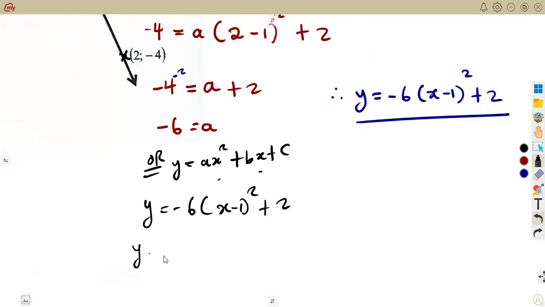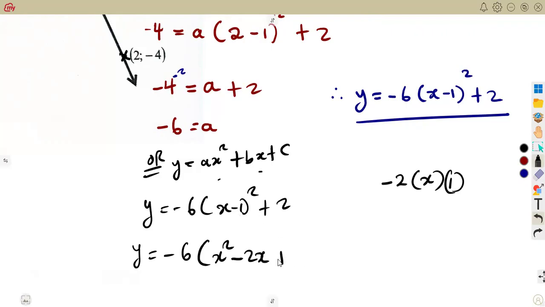So meaning to say y is equal to minus 6 into what? Remember, your identity is there. So that's x squared. We are going to have minus 2ab, which is minus 2 times our a, which is x, our b, which is 1. So it is going to be minus 2x. Remember the last term squared, which is 1 squared. 1 squared is 1, plus a 2. So guys, how to expand this is in your hands. You can expand any way that you understand.